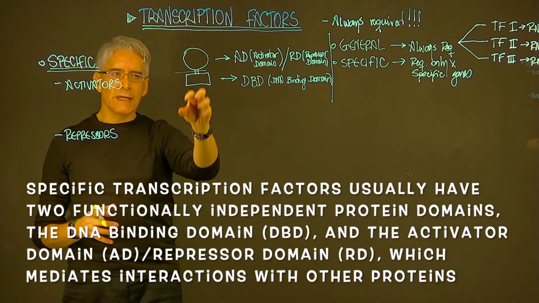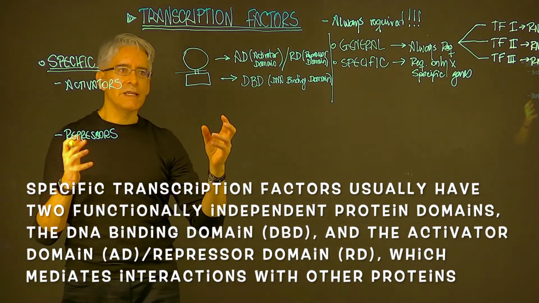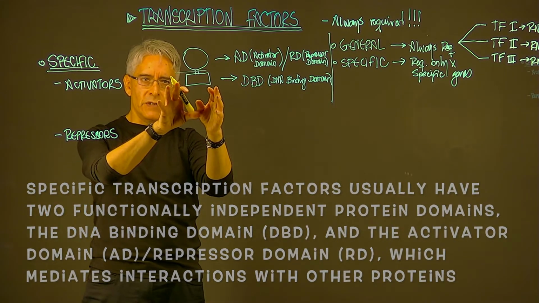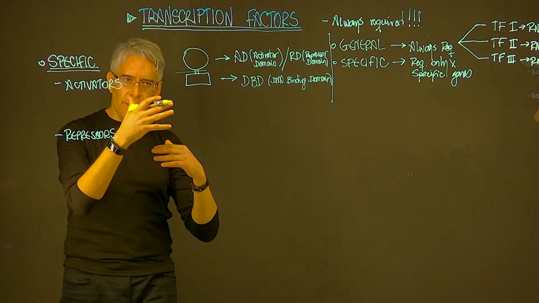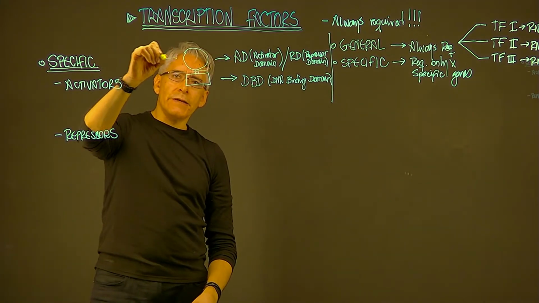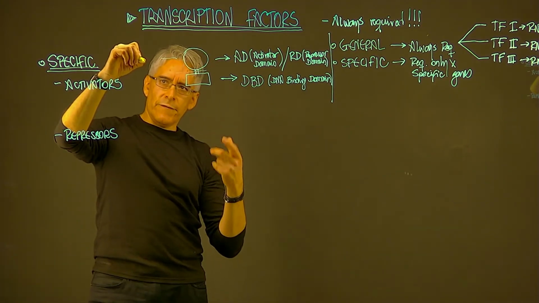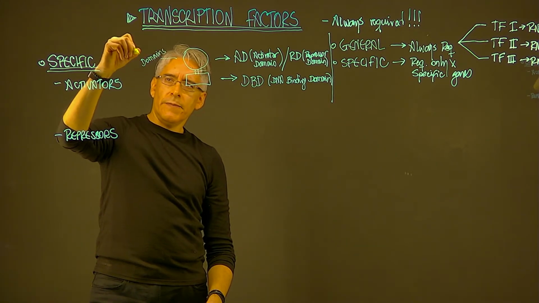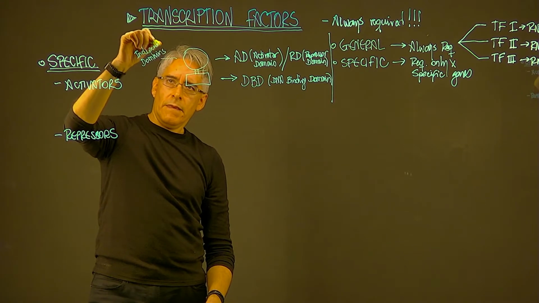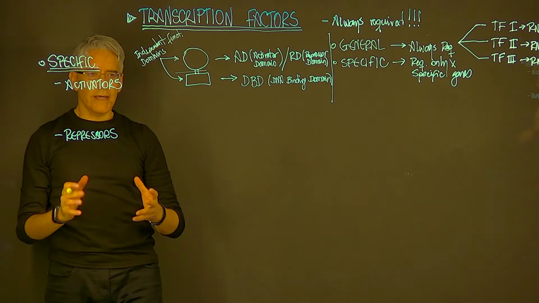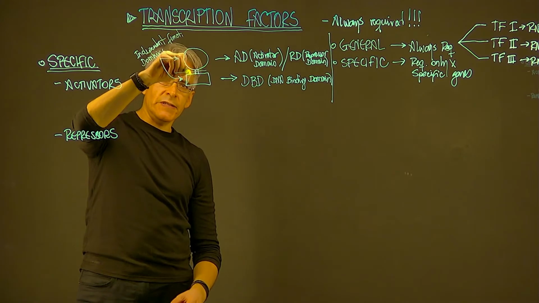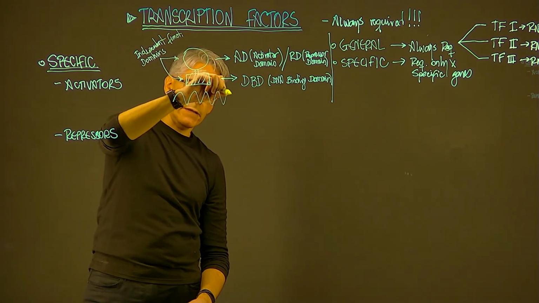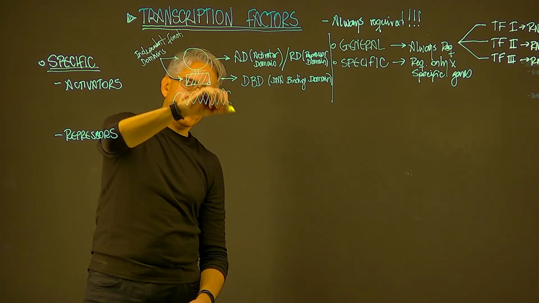Whereas the activator domain is able to interact with other proteins, other factors, even in the absence of the DNA binding domain. So they are functionally independent from each other, and that's why they are referred to as independent functional domains within this protein. Okay, and again, let me just re-emphasize, this DNA binding domain is the one that recognizes specific sequences in the double-stranded structure of the DNA.